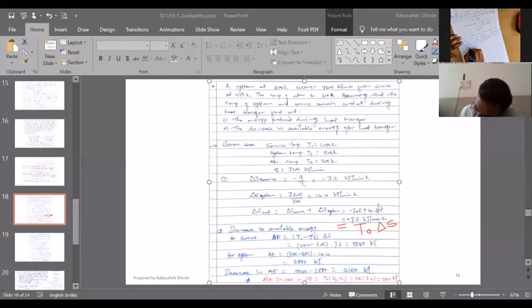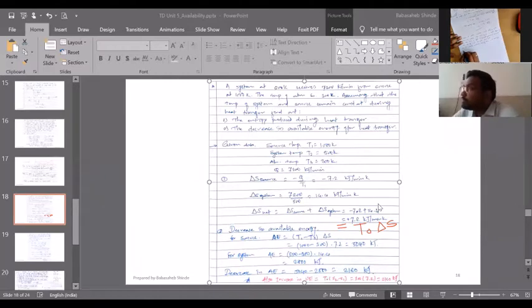Find out first, the entropy produced during the heat transfer.